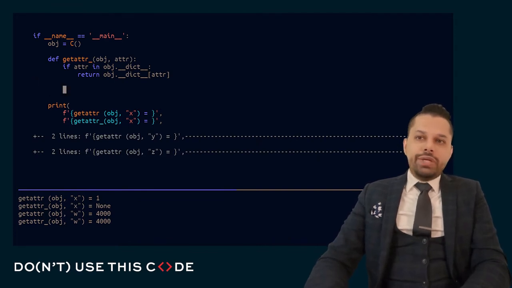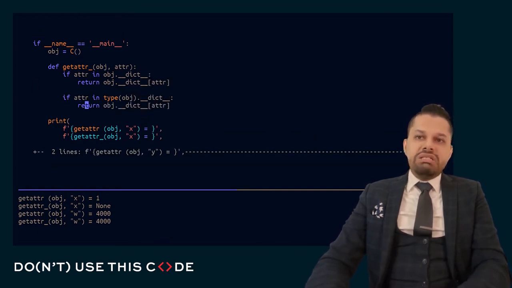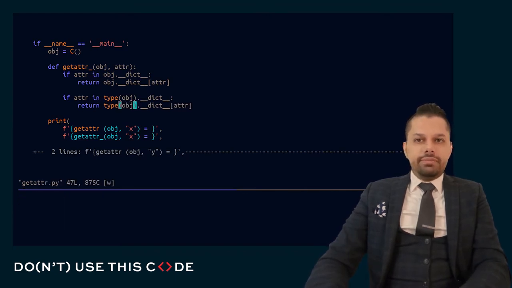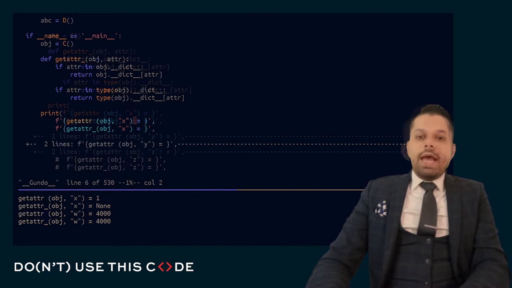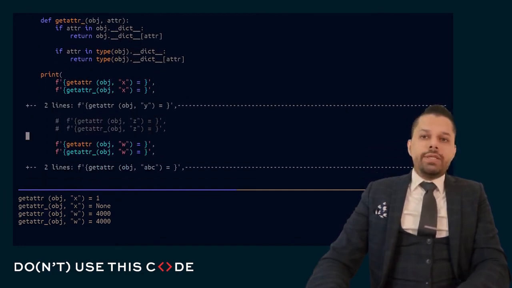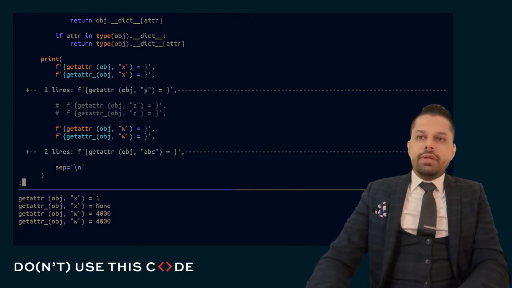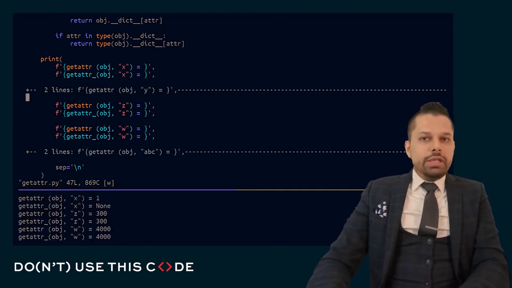And so the next thing we could say is if the attribute is in my type's dictionary, then basically repeat that same idea, and there you go. That doesn't make X work, but it makes Z work because Z was some data that was stored in this object. So you can see we have a little bit more of this working.